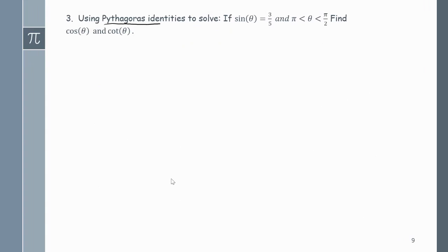Last example, using the Pythagorean identities, solve: sine theta equals 3 over 5 and theta is between pi on 2 and pi, then we need to find cos and cot of theta.